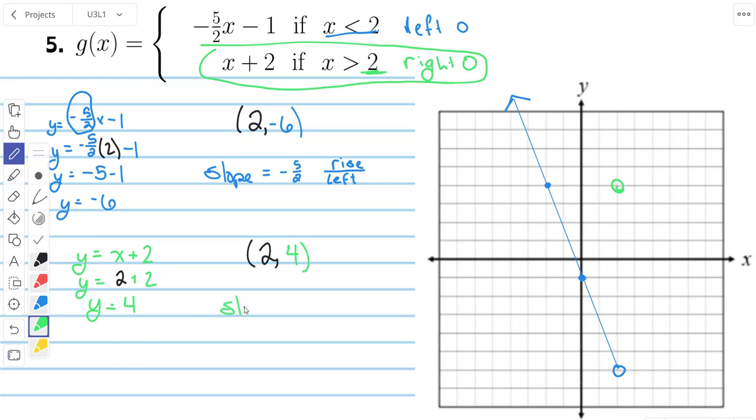Now I need to find my slope. My slope is 1/1. And I need to go right. So if I'm going right, that means I need to rise. So rise 1, right 1, until I get off the graph.